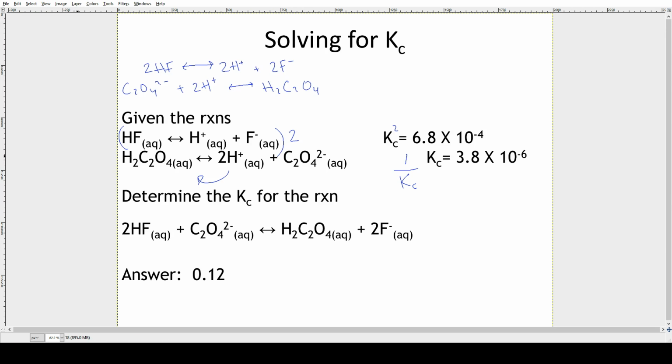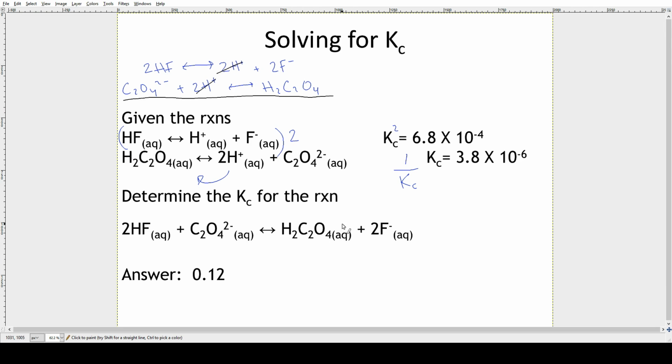Okay, I want to cancel things out that need to be canceled out. All right, I will add my two reactions together, and look at that. 2HF, C2O4, C2O4, 2F minus, H2C2O4, H2C2O4.